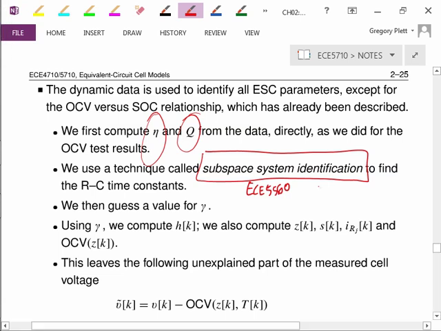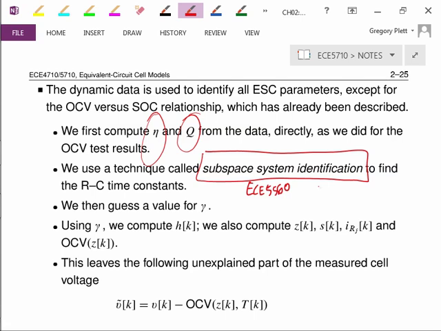It takes 8 weeks of lectures to develop this subspace system ID methodology. It doesn't take you any time at all to implement it. In fact, it's part of the toolbox that comes with the textbook and also the course notes. You'll see that.